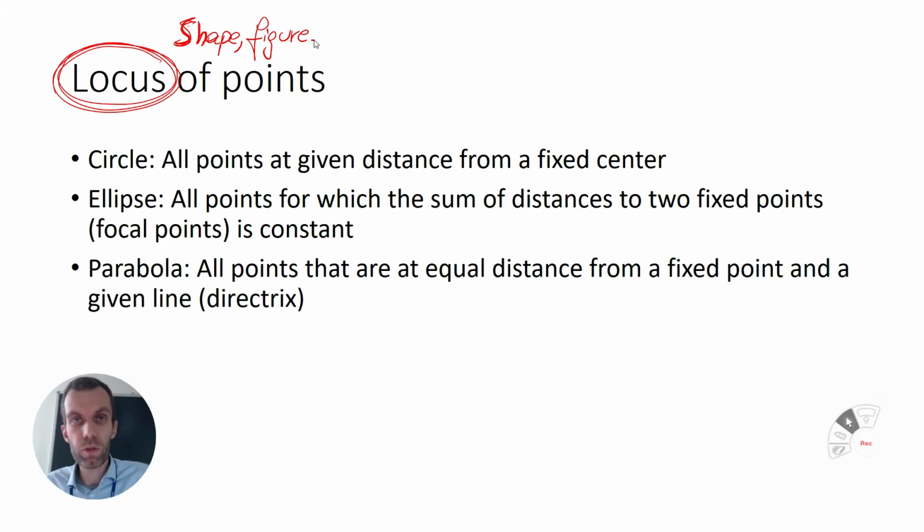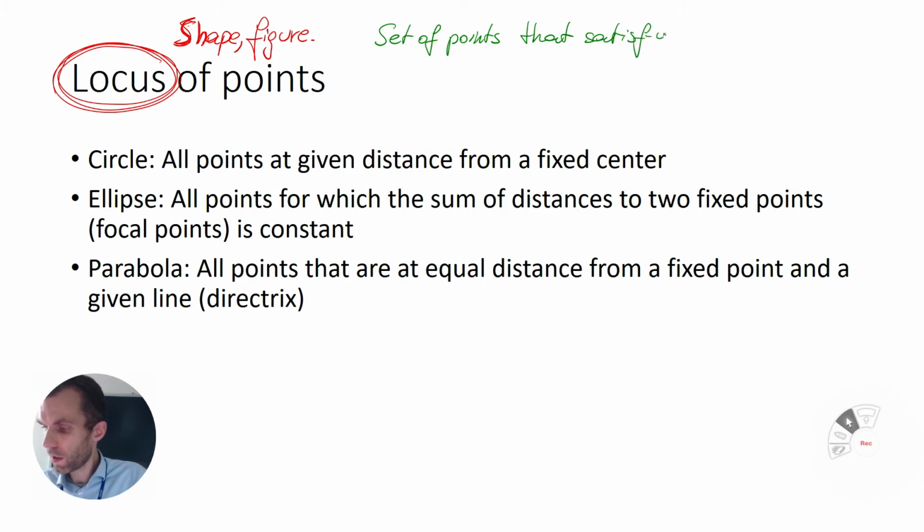And what does it have to do with coordinate geometry? Well, a locus is a set of points that satisfy a given set of conditions.